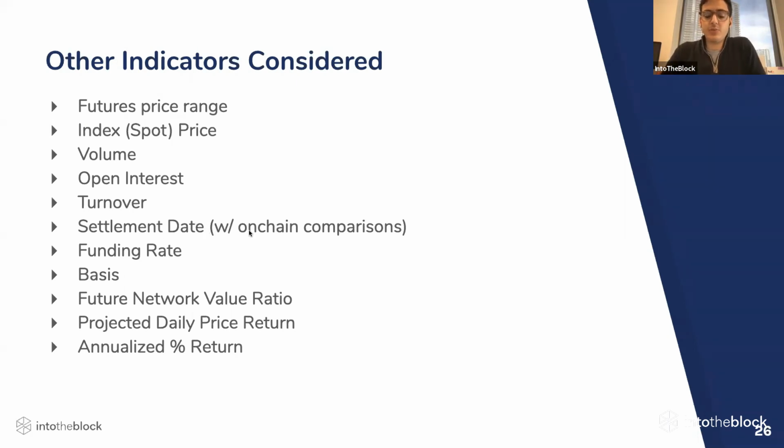So here is where you'll be able to track within Into the Block when a contract is expiring and compare the data with the rest of our countless indicators of network and financial indicators in the blockchain, and see if there's patterns that arise as the contract is approaching expiry date, as well as some of the ones that I already mentioned before.